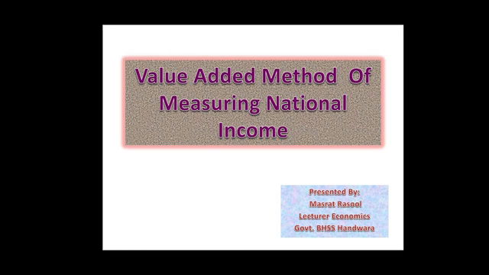Dear students, there are three important aspects of national income. One is the production aspect, which points to the flow of goods and services in the economy, or we can say the process of value adding.